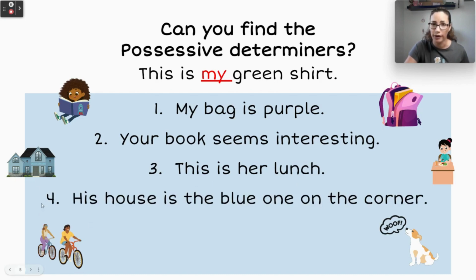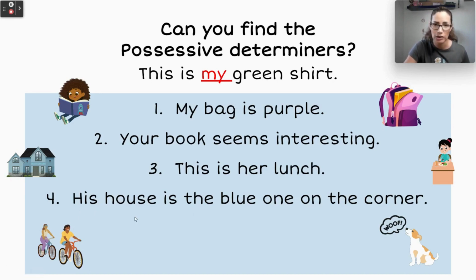Number four, okay? So I'll say this quickly. This is a long one, okay? I will say this quickly, but then I will say it slower so you can repeat. Number four, his house is the blue one on the corner. His house is the blue one on the corner. Now repeat with me.